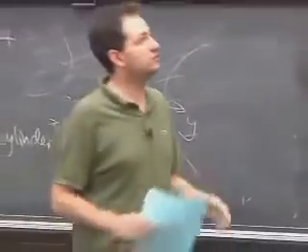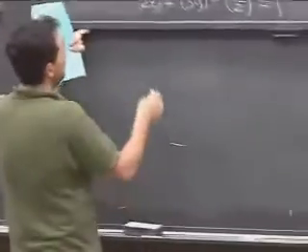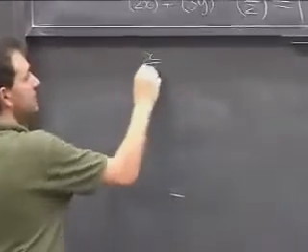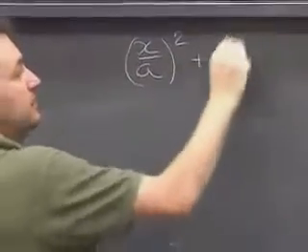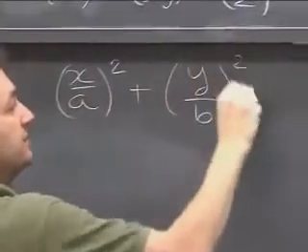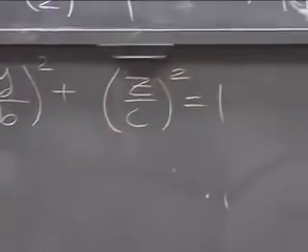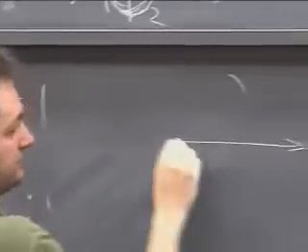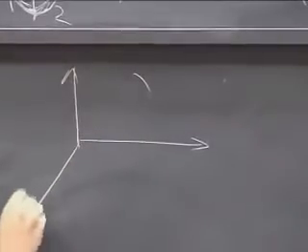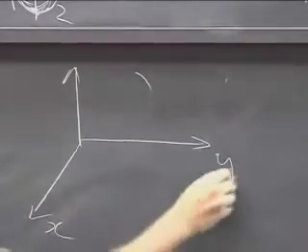So the general equation for this is (x over a) squared plus (y over b) squared plus (z over c) squared equals 1, and that will be an ellipsoid. So here's the x, here's the y, here's the z.